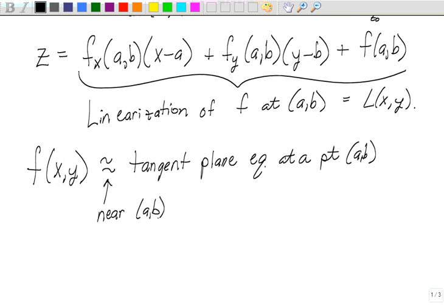Again, we take a surface and we're just approximating it by a little piece of that tangent plane. I know the tangent plane's flat, but if you zoom in far enough, then you can get the surface to be approximately flat.